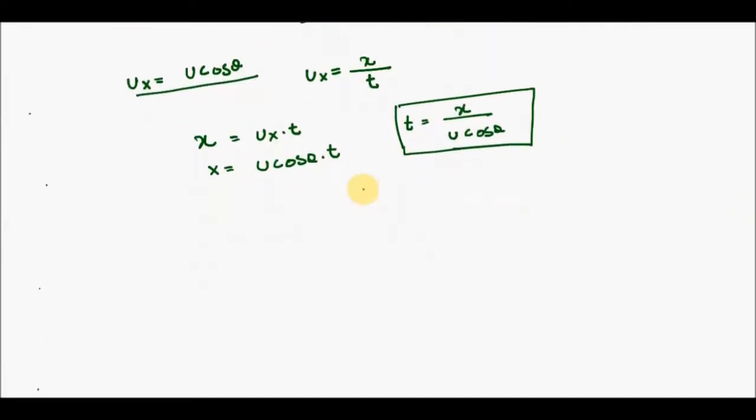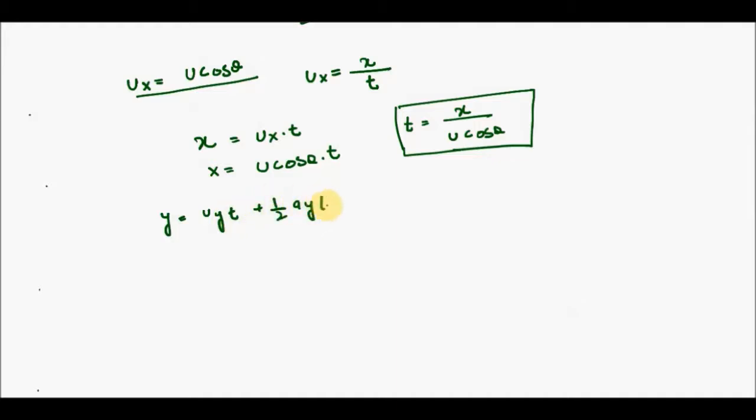Now this is the distance traveled on the x-axis. From the second equation of motion, we know that the distance traveled on the y-axis will be simply equal to uy into t plus half of ay into t square.